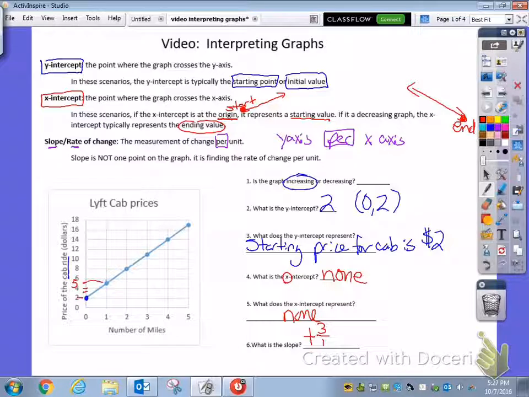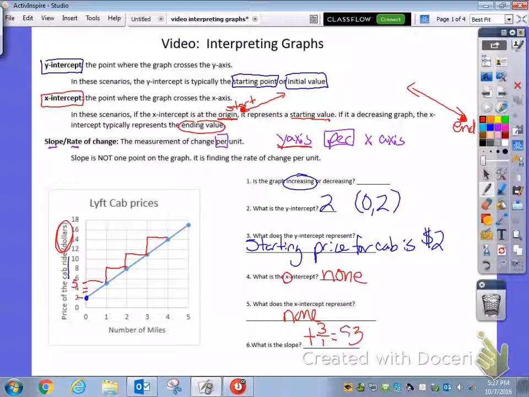Every single time I go up 3. 5 plus 3 is 8 over 1. 8 plus 3 is 11, and then I went over 1. 11 plus 3 is 14 over 1. So every single time I'm going up 3 over 1. When I put that in the calculator, it reduces to 3. Now 3 is dollars. So remember the y-axis comes first.